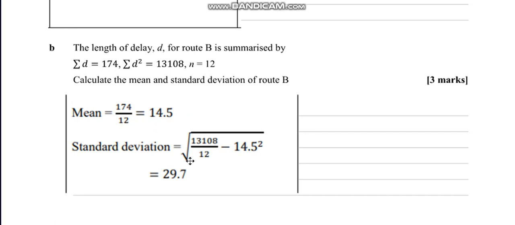A standard deviation, you add up all the values squared and divide by how many there are, so it'll be 13108 over 12, and then you subtract the mean squared. Okay, and you have to square the mean, and when you've got that answer, then you square root the whole thing. You don't square root these bits individually, you do all that calculation and you square root the whole thing. You should get 29.7.